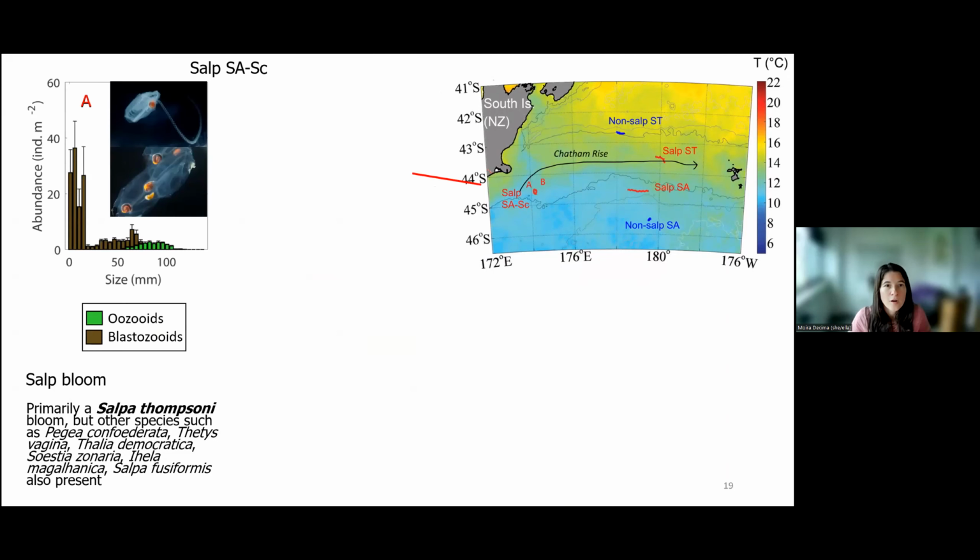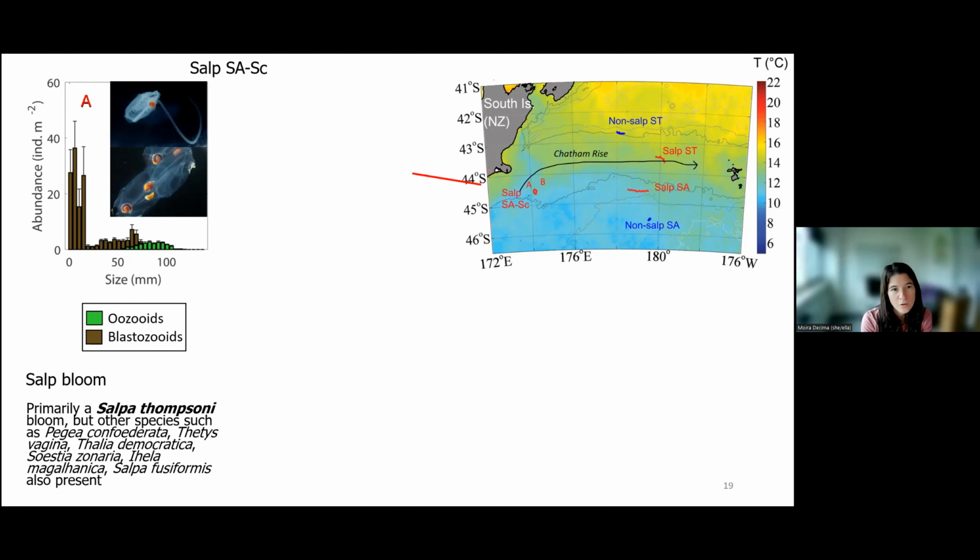So for our Salp SASC, our nearshore subantarctic location, I'm showing you now the abundance as a function of size. The green bars show the oozoid stage and the brown bars show the blastozoid stage.